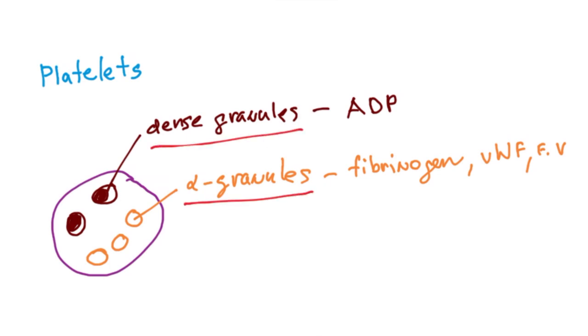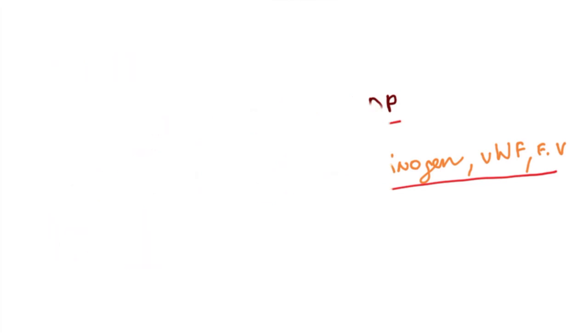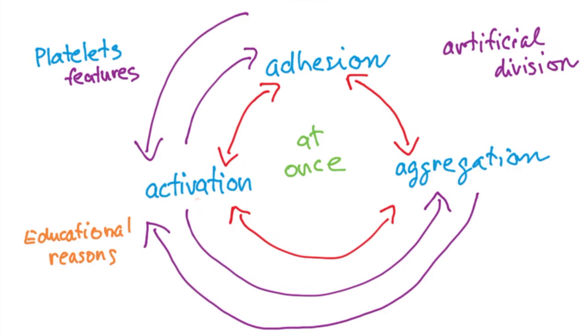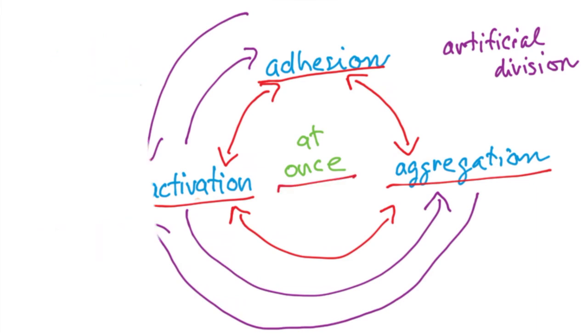The alpha granules store fibrinogen, von Willebrand's factor, and factor V. Dense granules store ADP. The main features of platelets are adhesion, activation, and aggregation. And although we divide these artificially, you should look at these features as reacting simultaneously.